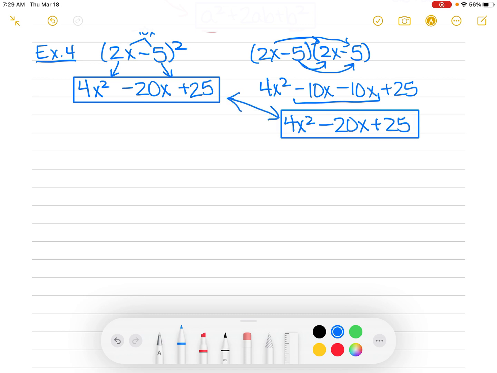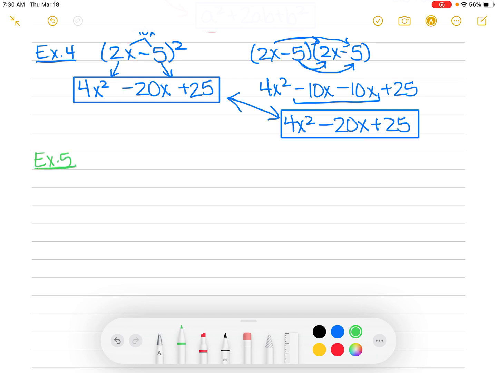They're the same thing. Okay, now we need to go to example 5. And these are going to be different. So those were all squares, right? Those all had squares in them. So now I'm going to move on to example 5, and these are not going to be squares.